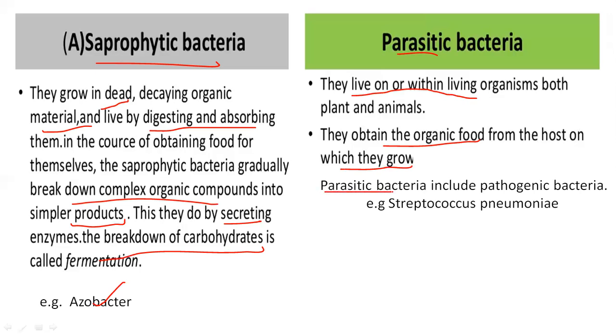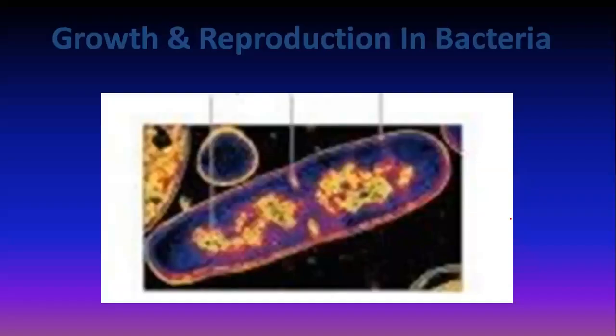Parasitic bacteria include pathogenic bacteria, which cause diseases and can be very harmful for living organisms. They cause lots of diseases in human beings and other animals, like Streptococcus pneumoniae, which causes pneumonia, especially in human beings.